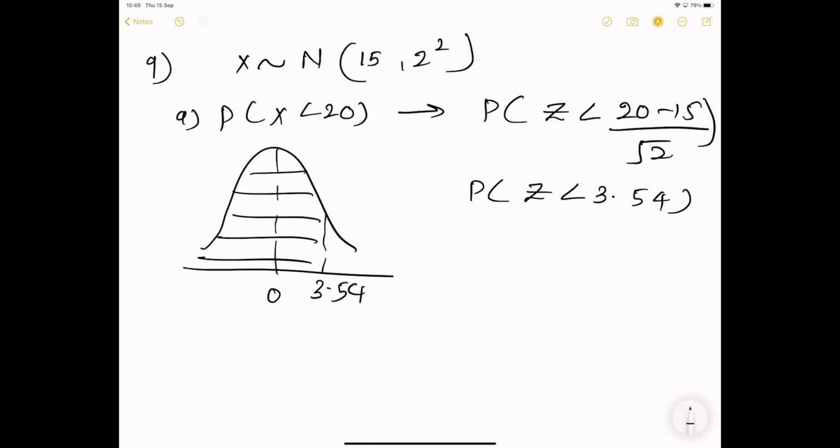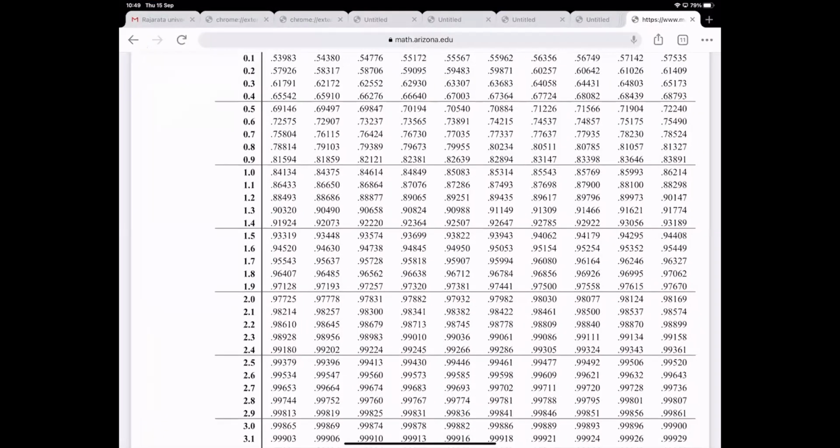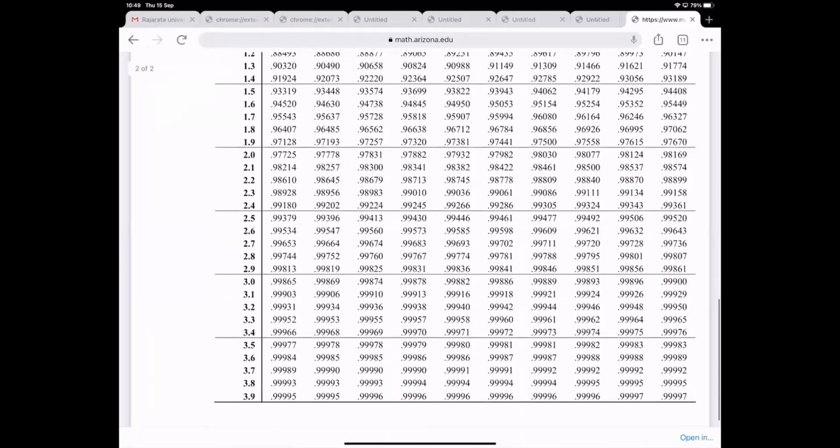I want to say that in some situations, this 3.54 we cannot find using a table, because in some tables we have only up to 3.4. But we want to find 3.54.